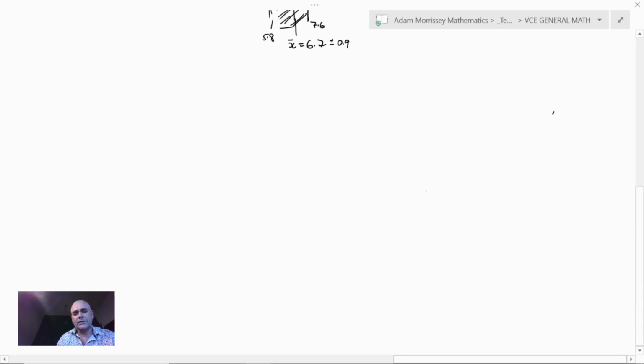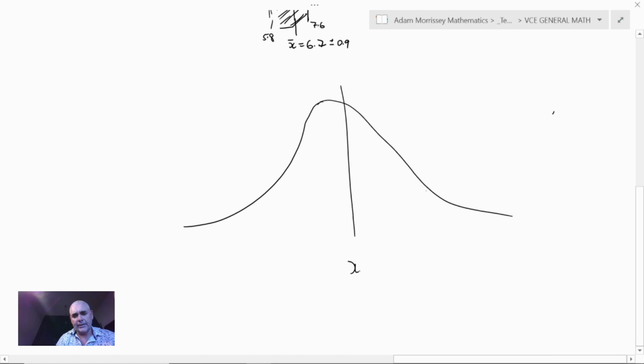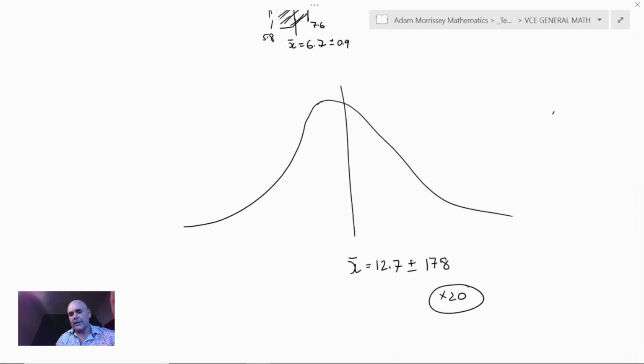So we went into this situation here where we've got the mean doubled in value, so roughly 12.7, and we had a standard deviation of close to 18. So I think that was 17.8. And we said that was a 20 times increase in the value of the standard deviation, and that was quite large. And what does that look like?